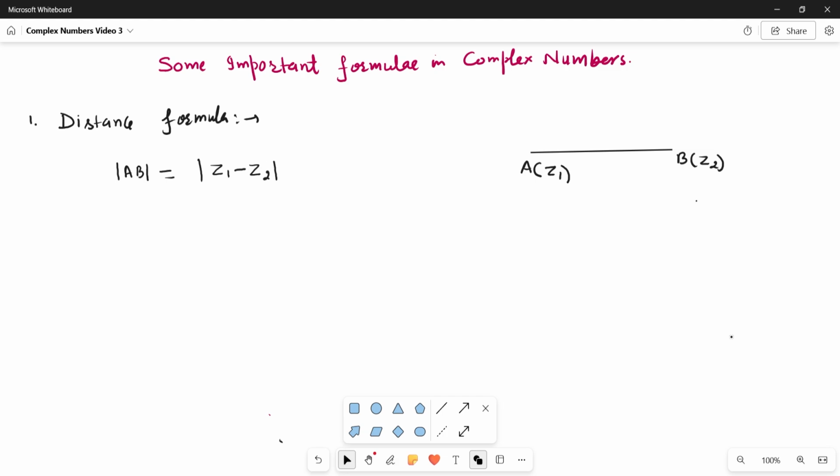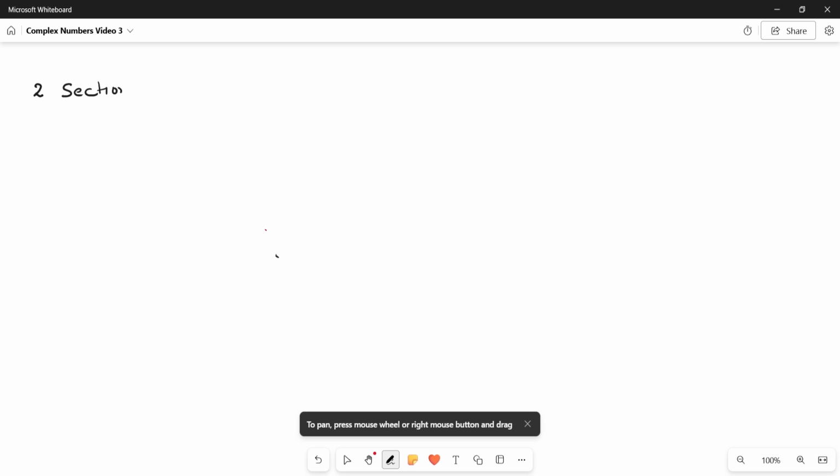Second, section formula, internal division. Suppose this is A point, this is B point.